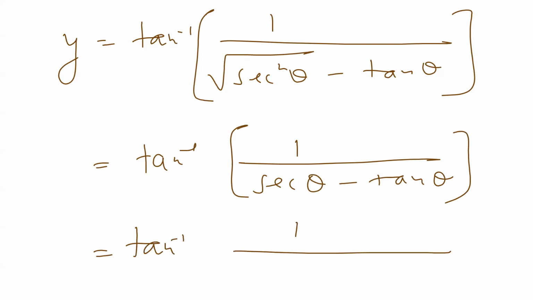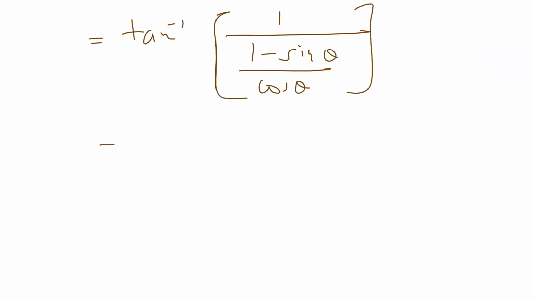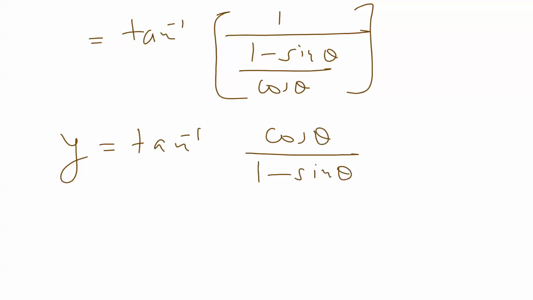So tan inverse of 1 upon (1 by cos theta minus sin by cos theta). We have a common denominator over here, that is cos theta. So tan inverse of 1 upon (1 minus sin theta) upon cos theta. Okay, so y is equal to tan inverse of cos theta upon 1 minus sin theta.